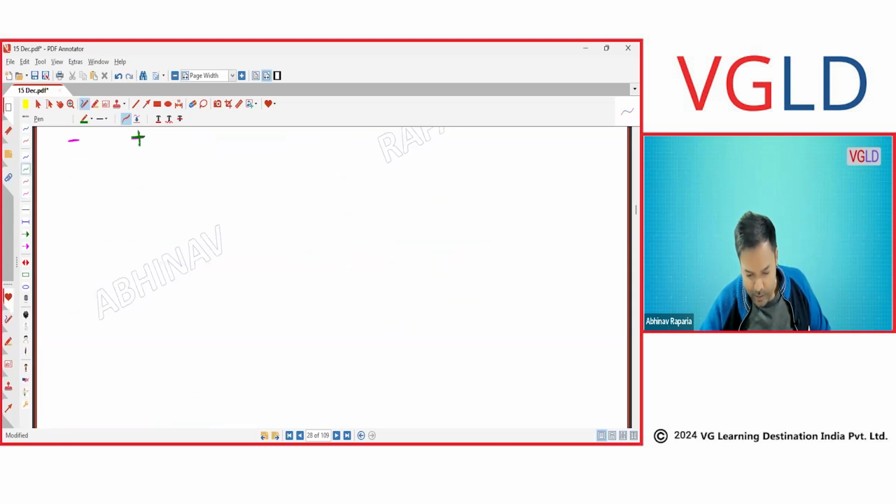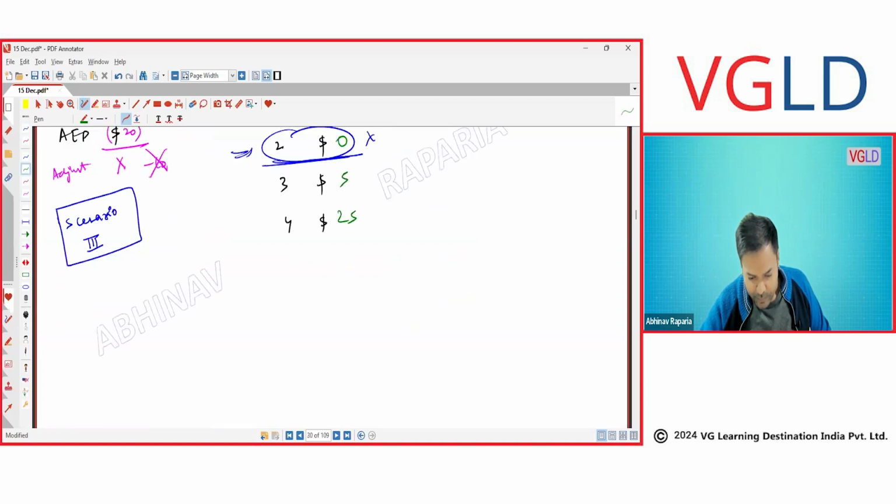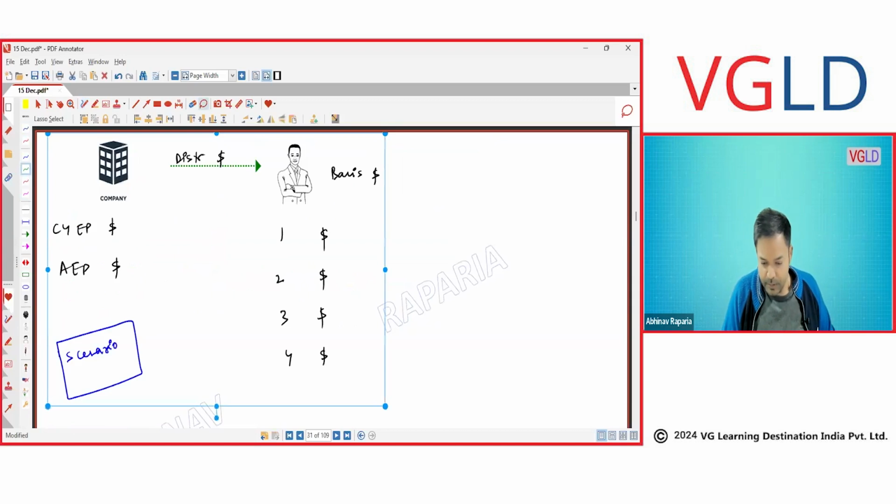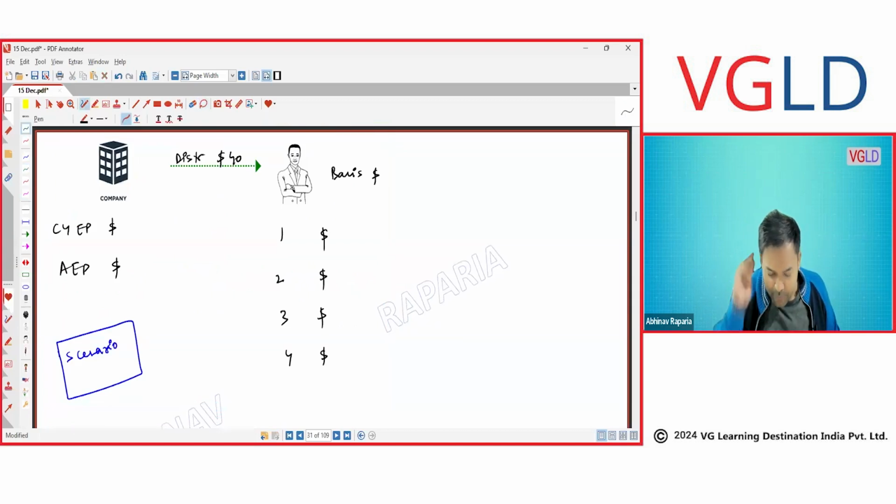Let's see scenario number 4. Again, distribution is 40, everyone. I am having current year as negative. Accumulated is positive, everyone. Basis is 5.